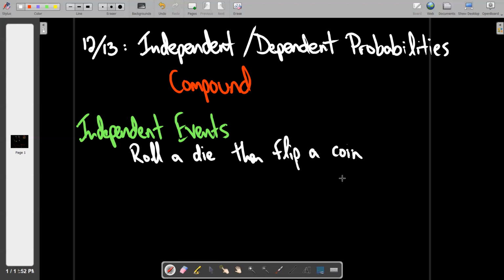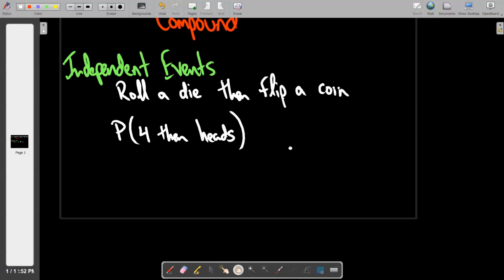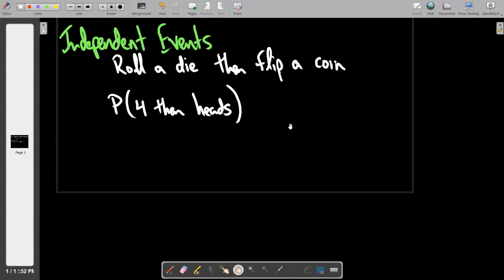Is what I get on the coin affected in any way by what the die did? No. So that makes them independent events. If I said, what's the probability if I roll a die and flip a coin that I get a 4 and then heads? These are independent events because, again, the first one happening or not happening has no bearing on the second one happening.